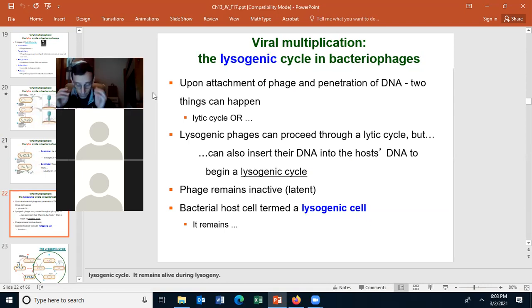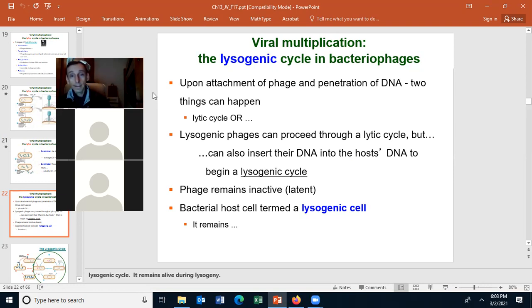Now, a lytic virus can only perform the lytic life cycle. So a lytic bacteriophage only replicates with the lytic life cycle. But a lysogenic bacteriophage can replicate either using the lysogenic life cycle or the lytic life cycle.